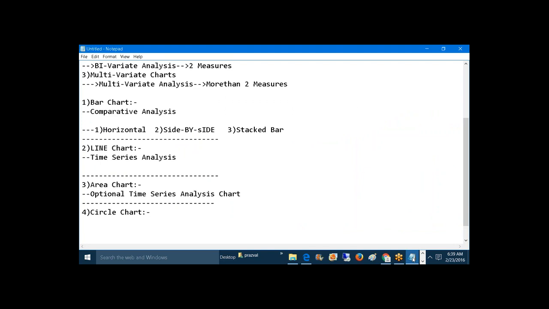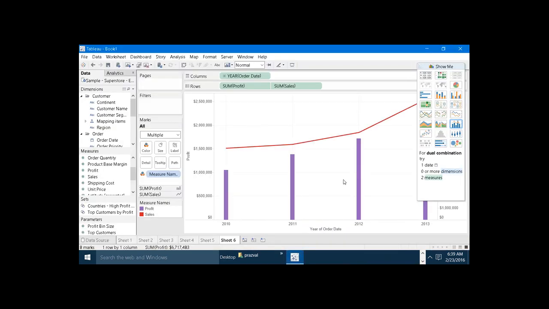The circle chart is used to perform comparative and categorical analysis. So if you want to compare one category with the other categories, and also if you want to perform the categorical analysis, then we have to go for this circle chart.